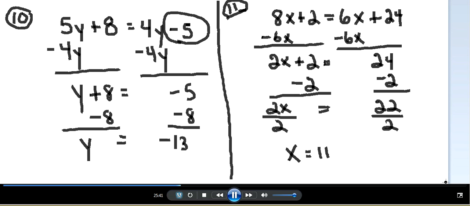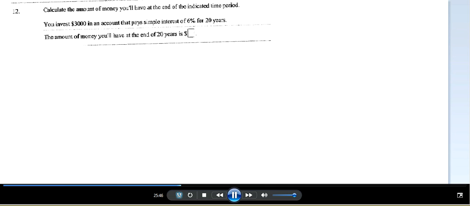Okay, number 11. Okay, number 12 here is calculate the amount of money you'll have at the end of the indicated time period. Alright, reading this carefully, it says you will invest $3,000 in an account that pays simple interest.